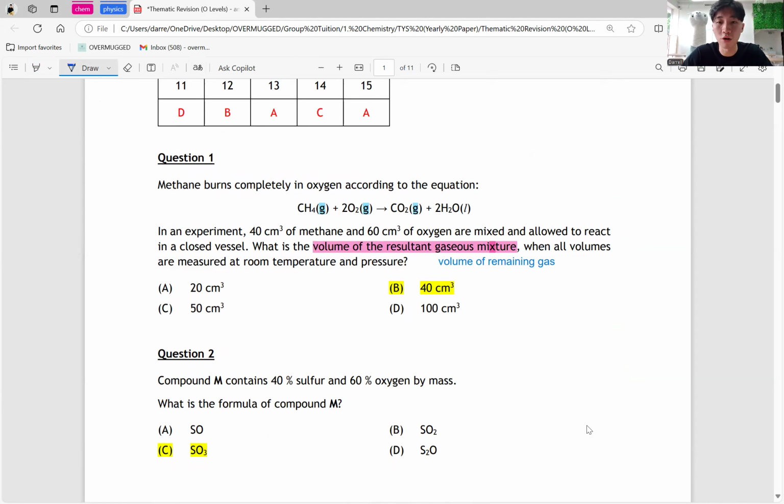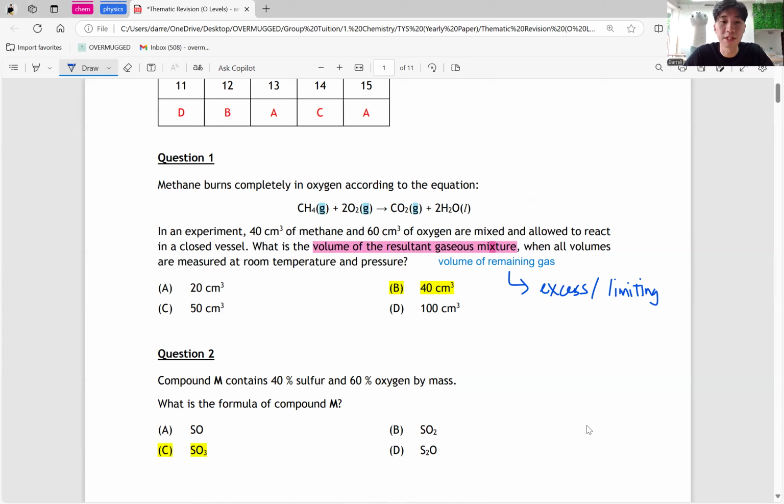You can then make the conclusion that this question is actually a case of excess or limiting. So this means that whatever you're planning to do here in your calculation, you're already expecting some of the reactants here to fully react, forming the limiting reactant, and some to have in excess. And you actually need to add the excess amount back into the final volume of remaining gas. Only then you'll get the correct answer.